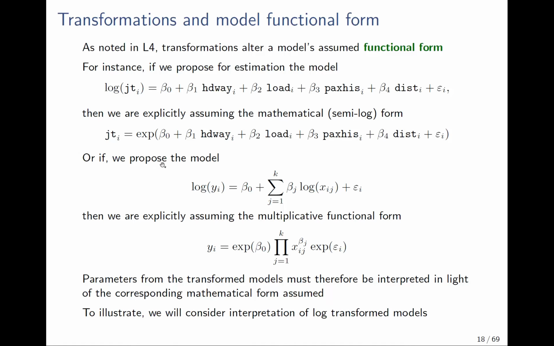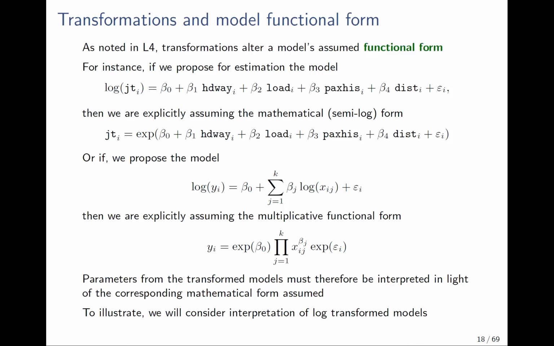Or if we were to propose the model that was logging both sides, so a log-log model, log y regressed on the logs of the x variables, then we're explicitly assuming a multiplicative functional form. That is to say, we're assuming this form here, in which y equals e to the beta naught times the product of the x's, each raised to the power of beta, times e to the power of the error term.